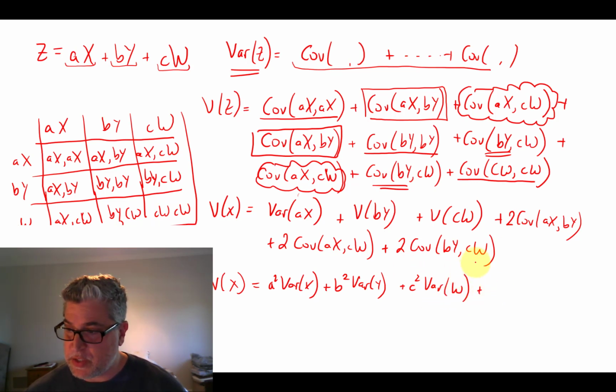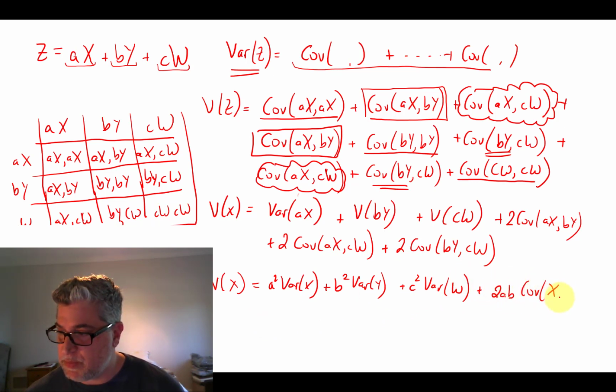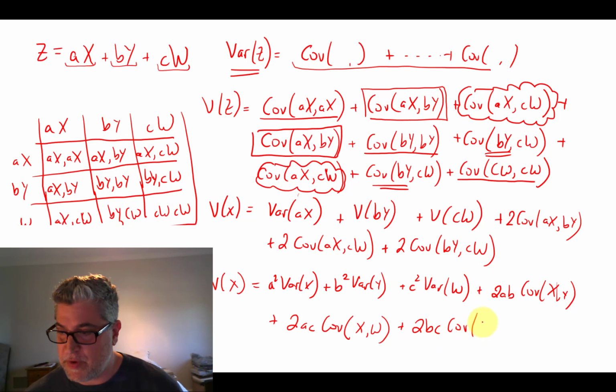And then we've got all these terms here. So we have 2ab, the covariance between x and y, plus 2ac, the covariance between x and w, and 2bc, the covariance between y and w.